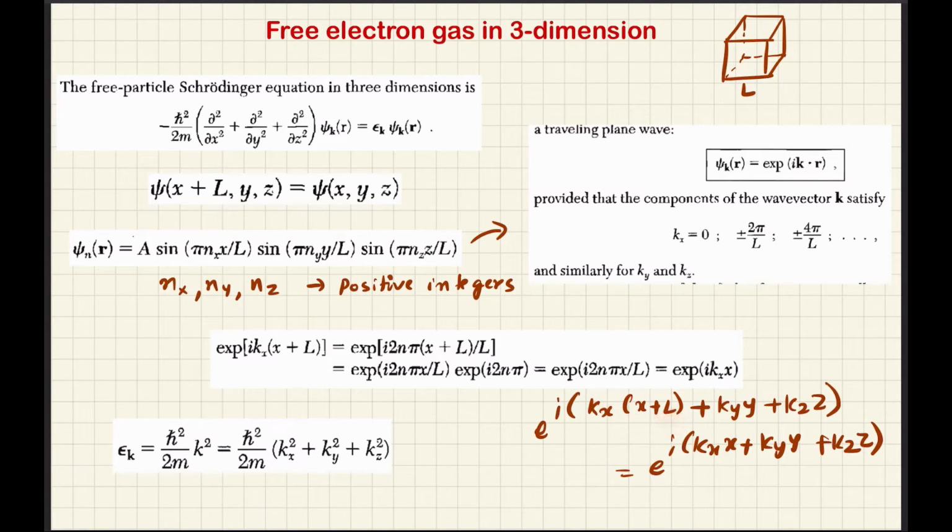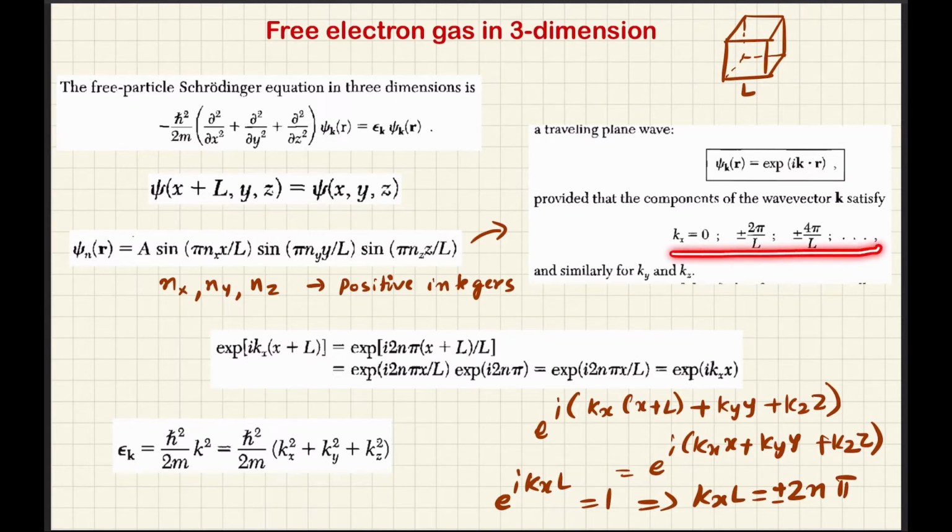So you are left with only one term, e raised to i kx L equal to 1. This implies kx L can take the value 2 n pi, which can be plus or minus 2 n pi. So from that equation you arrive at these conditions on the kx values.